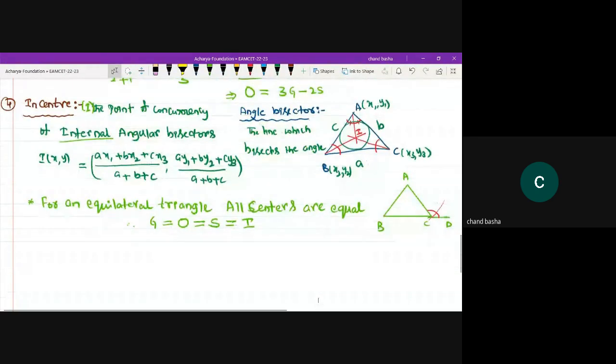That is the excenter. Point number 5, excenter.